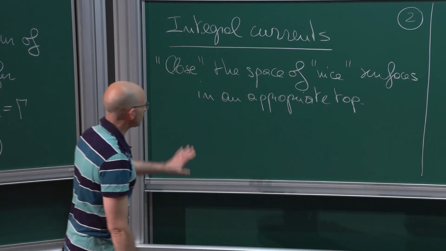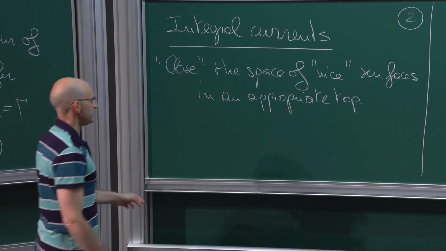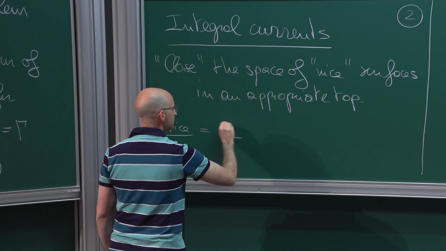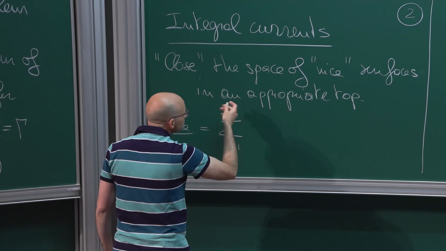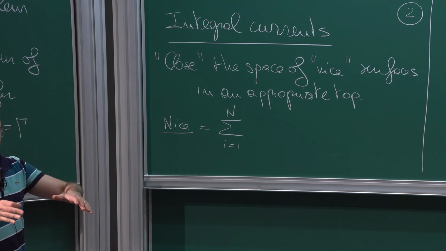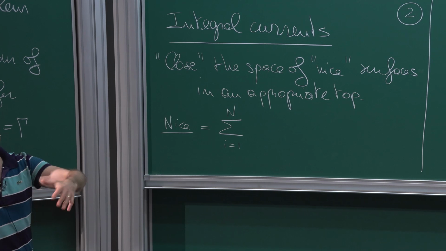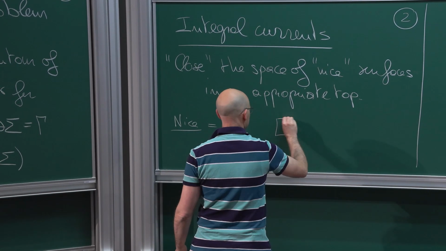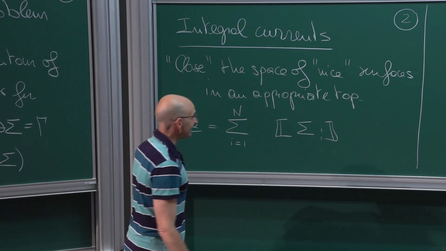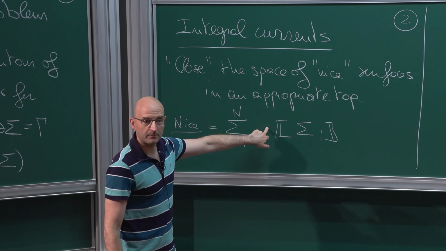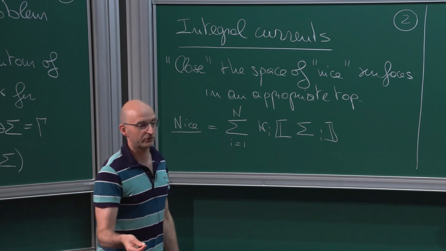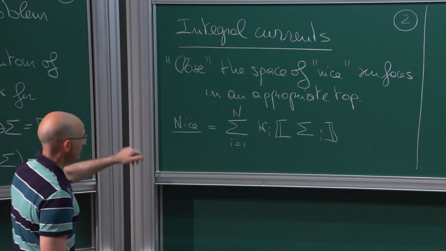For us, the space of nice surfaces are formally finite sums, or if you want, finite unions of nice, smooth pieces of oriented surfaces which have nice boundaries. And these pieces will be denoted in this way. And then I actually allow an integer multiplicity in front of them. So I can take 1, 2, 3, 4 copies of the same surface. Okay? So that's one possibility.